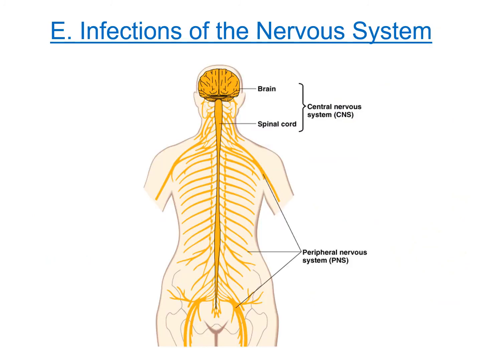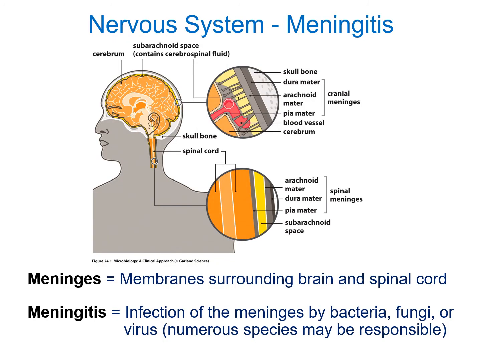So we have two broad parts to the nervous system. We have the central nervous system, which is the brain and spinal cord, and then the finer nerves that radiate off of that are the peripheral nerves of the peripheral nervous system. The central nervous system is protected by three tissue layers known as meninges.